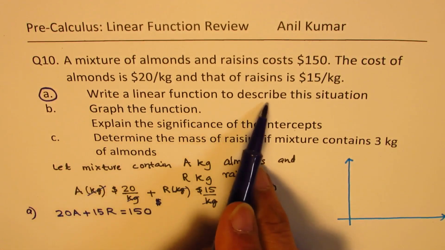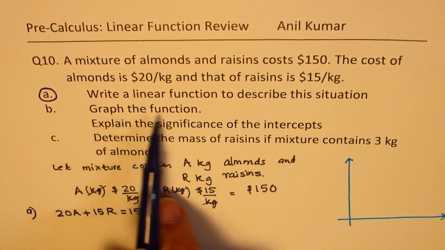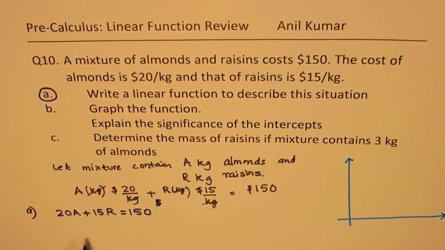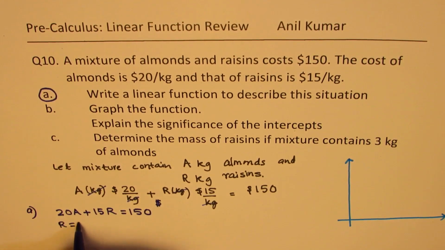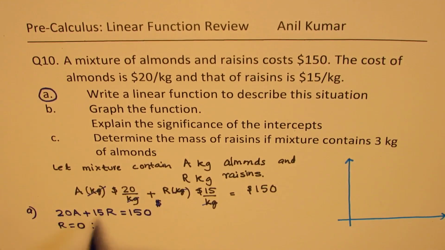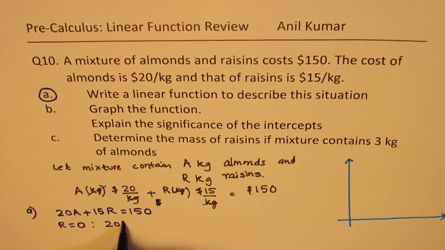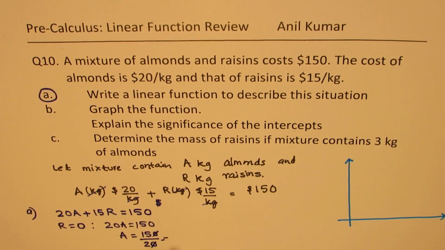Write a linear function to describe this situation. Graph the function. Now, to graph this function, what we could do is, if R equals 0, in that case, this term is 0. So 20A equals 150, so A will be 150 divided by 20, which is 7.5.